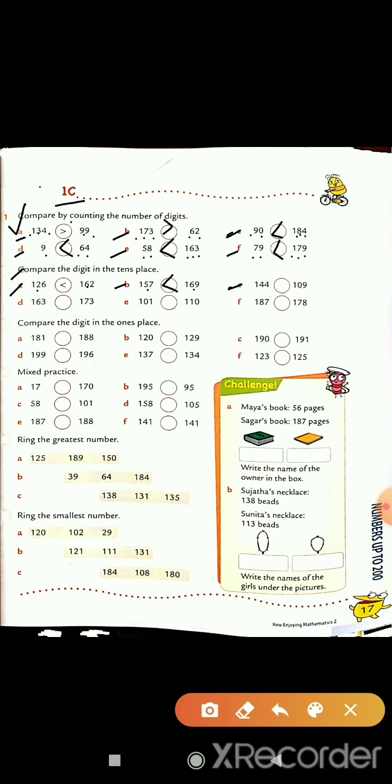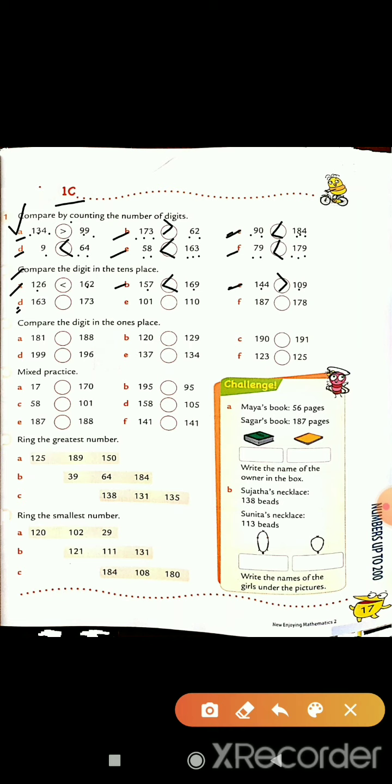C1, 144, 109. So what is there in the tens place in 144? 4 is there. And in the 109, what is in the tens place? 0 is there. So 4 is greater than 0. So 144 will be greater than 109.